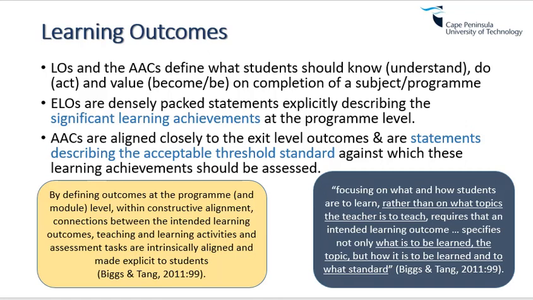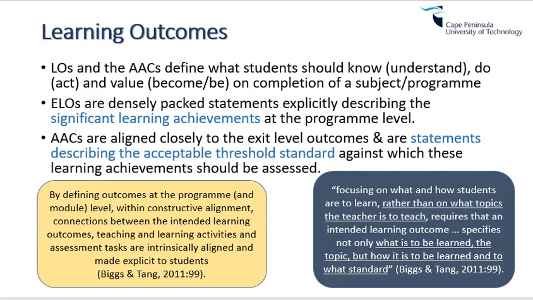Whereas the associated assessment criteria, the word assessment is in there because it is talking to how are you going to know if they have achieved the learning outcomes. So how are you going to assess how the learning outcomes have been achieved at the exit level of the program?